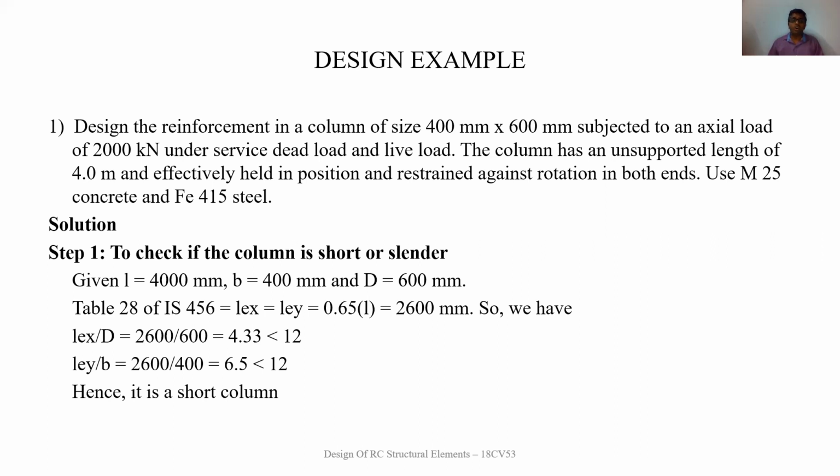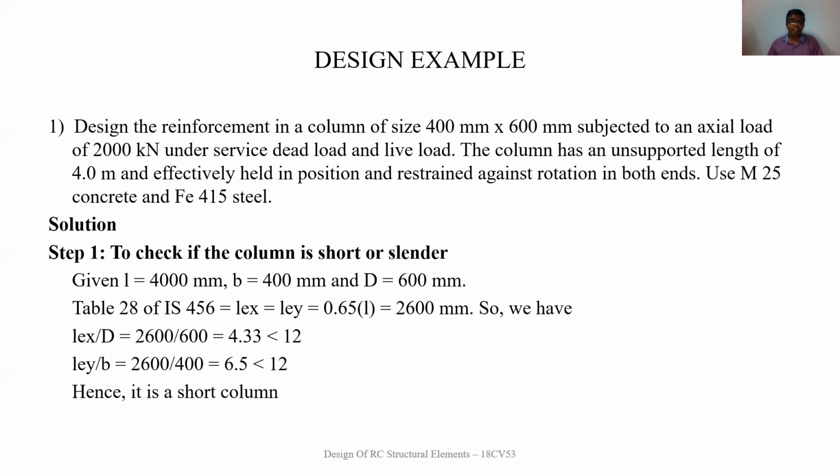From Table 28 of IS 456, for the given restraint, for the given support conditions, L effective X and L effective Y are calculated as 0.65 times the unsupported length, which is 0.65 times 4000, which is equal to 2600 millimeter.